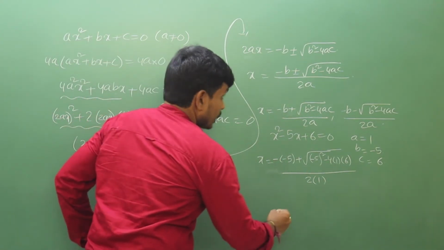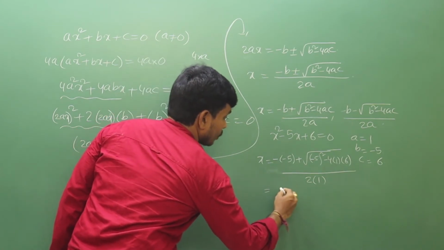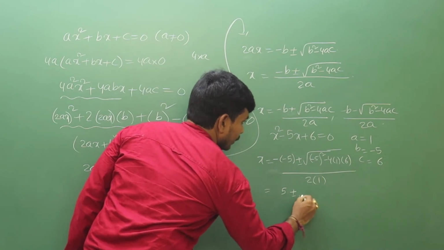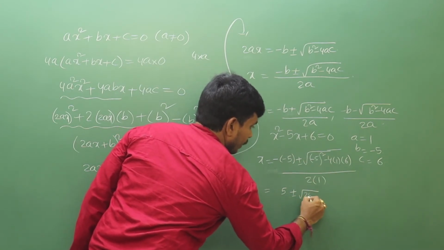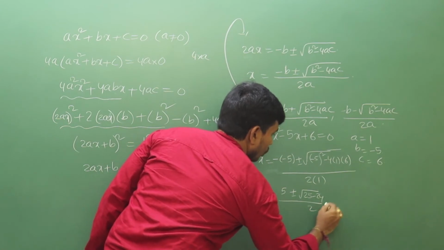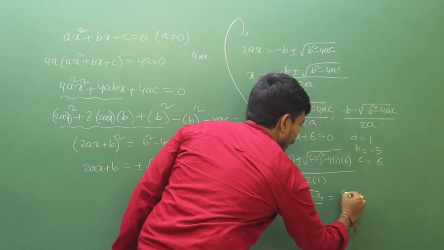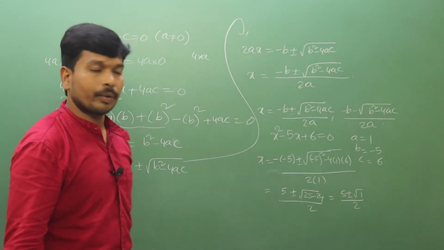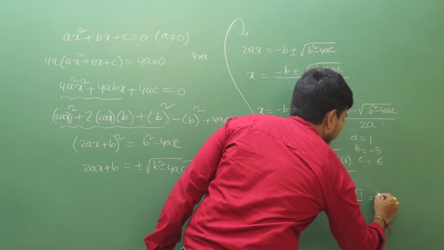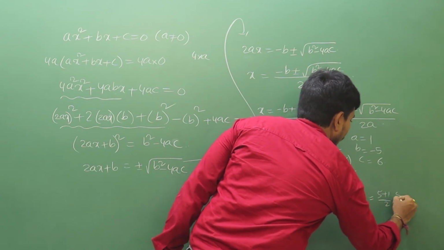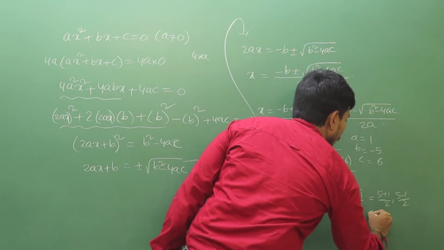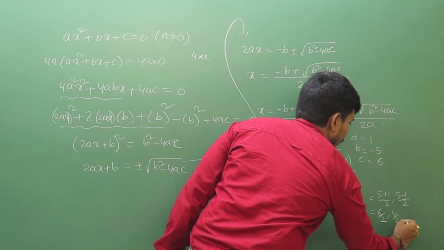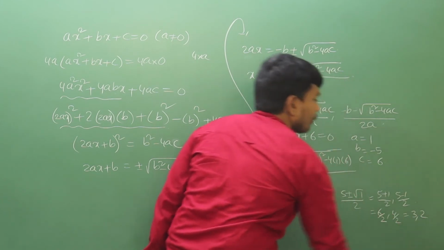Minus into minus, plus 5 plus or minus root, 5 square 25 minus 24, whole by 2, that is equal to 5 plus or minus root 1 by 2. Do you know the root 1 value? 1 only, no? So then what will you get? 5 plus 1 by 2 comma 5 minus 1 by 2. So you will get 6 by 2 comma 4 by 2. What are your values? 3 comma 2.